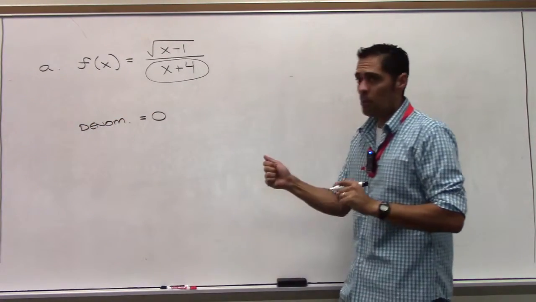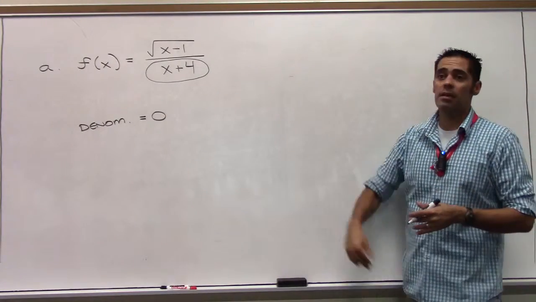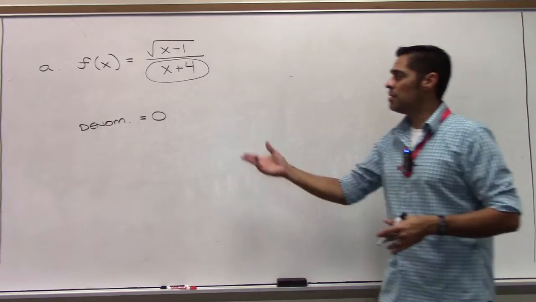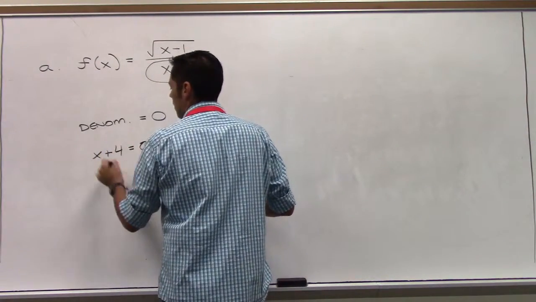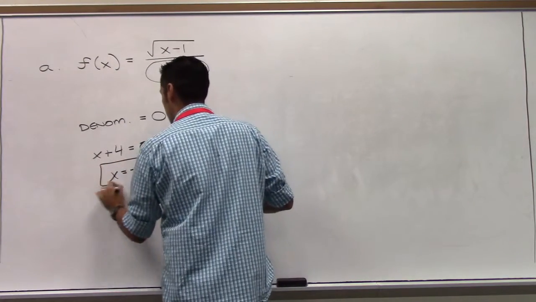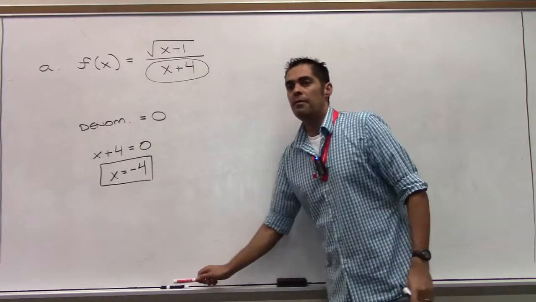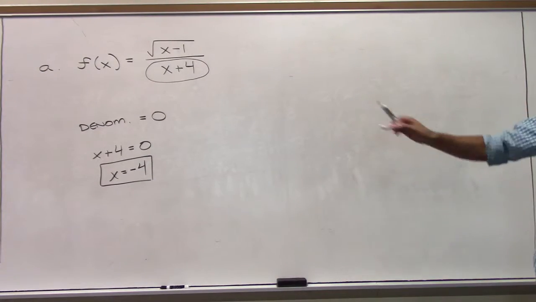That's standard protocol when you have a function that has a fraction in it where your denominator has x's. And then this is just a linear equation. You get -4. If x is -4, I've got problems. I could not plug -4 into this.